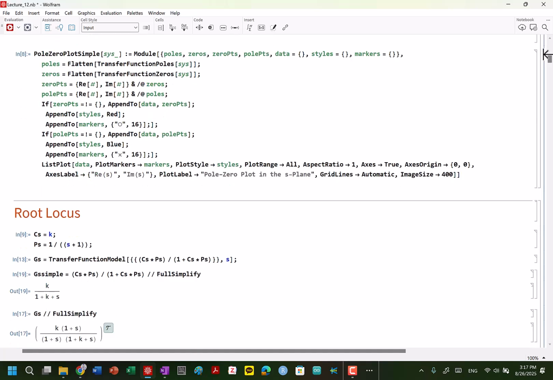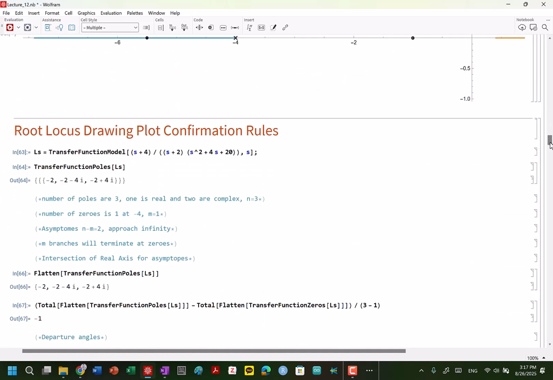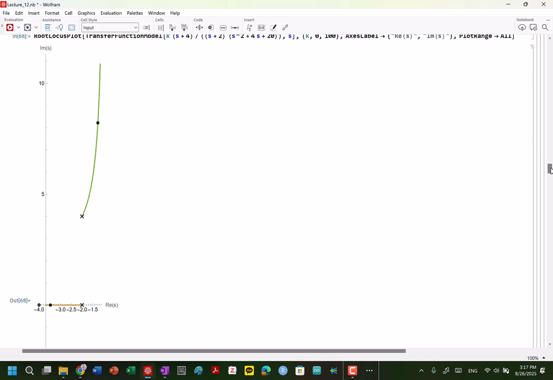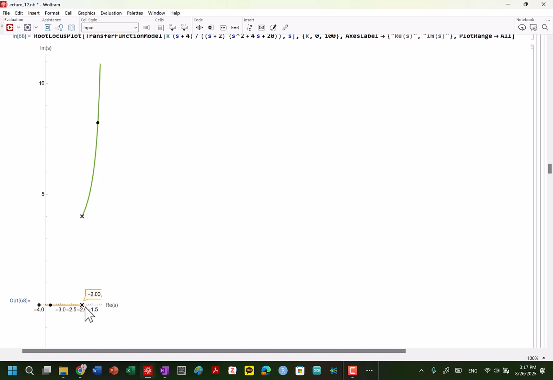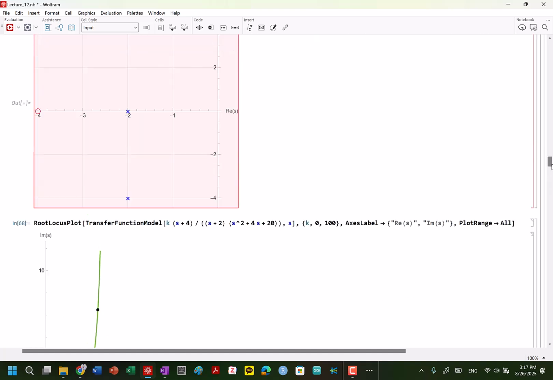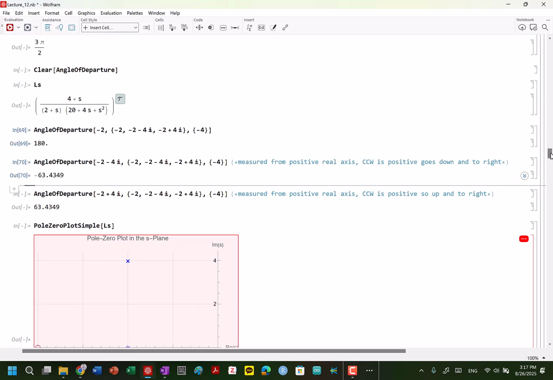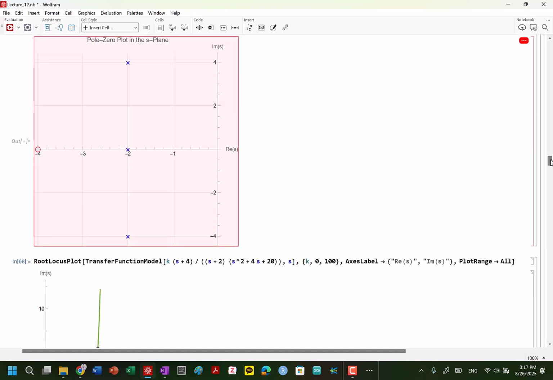You can look at some of these other functions, but let's keep moving. Here we go. So we need to specify that 0. So for the pole at minus 2, the angle of departure will be what? 180, and that makes sense because it's just moving to the left there. If we look at the angle of departure of our minus 2, it's measured from the positive real axis, and counterclockwise is basically positive.